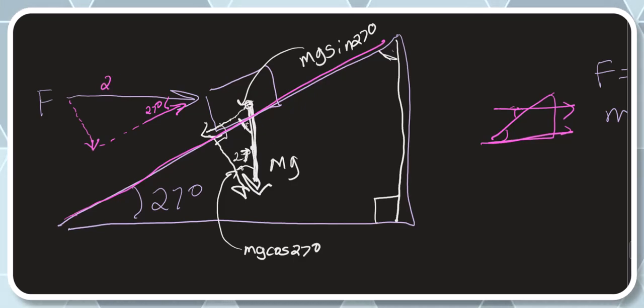This force was 250 newtons, and so this side is 250 cosine 27 newtons, and this side is 250 sine 27 newtons.